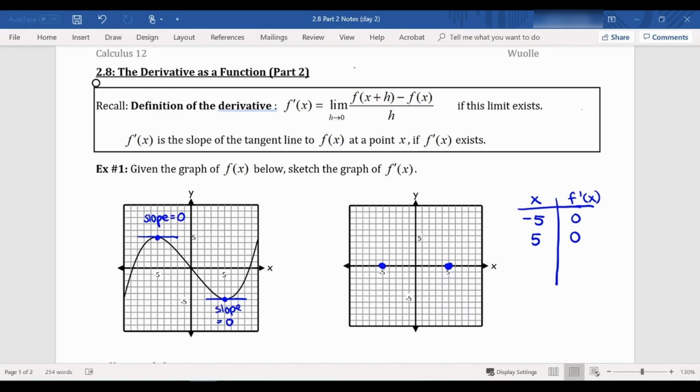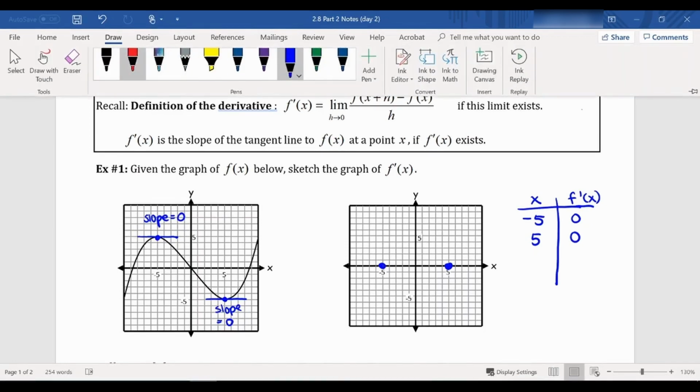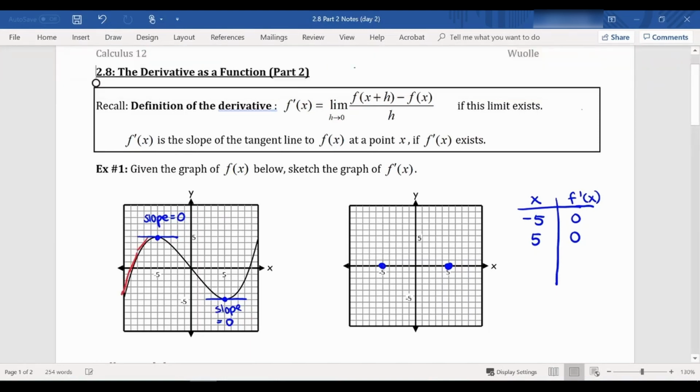Now I also can notice that if I draw tangent lines anywhere to the left of -5, any of these tangent lines would have positive slopes. Also, if I'm to the right of +5, anywhere I draw a tangent line would have positive slopes.